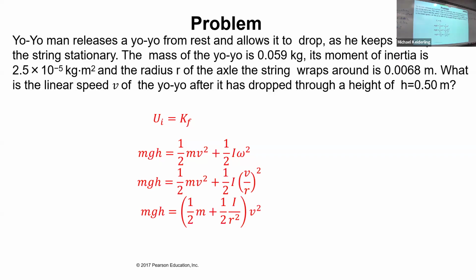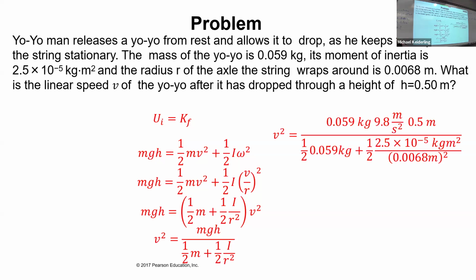Pull out the v squared: 1/2 m plus 1/2 I over r squared. So v squared equals mgh over 1/2 m plus 1/2 I over r squared. And then I plug the numbers in.